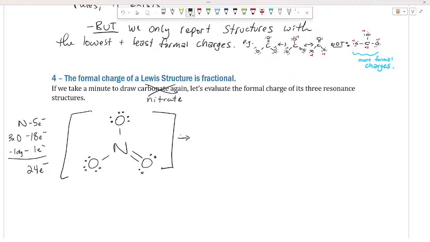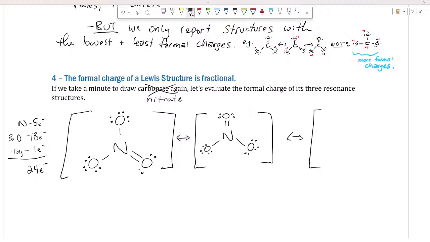What's another option? I could do it on the top one. Or I could do it on the left side one, right?